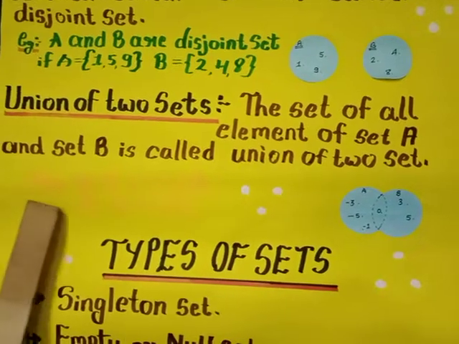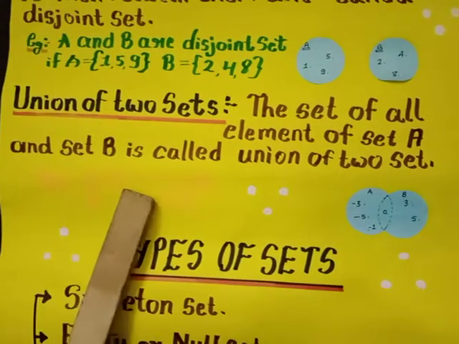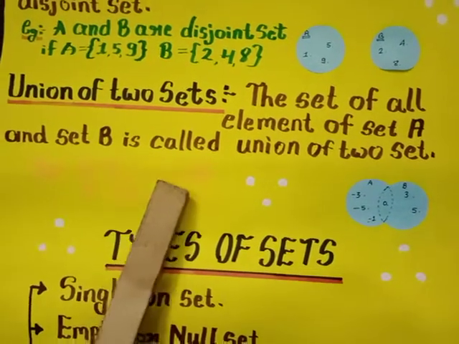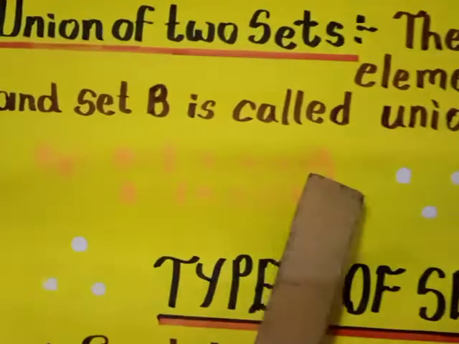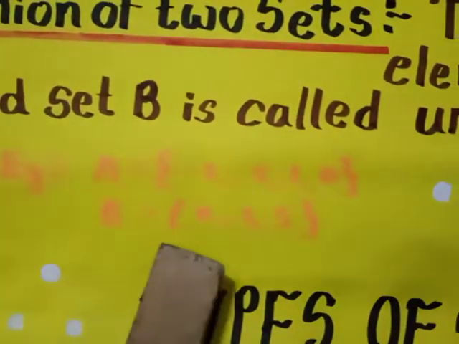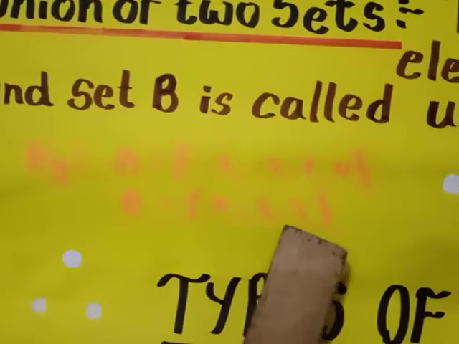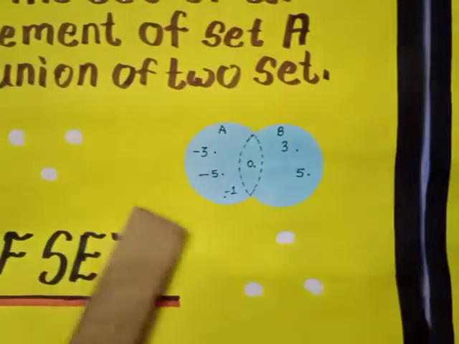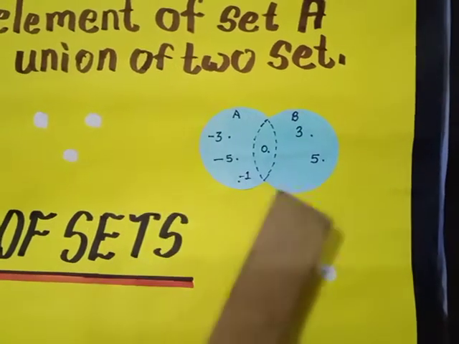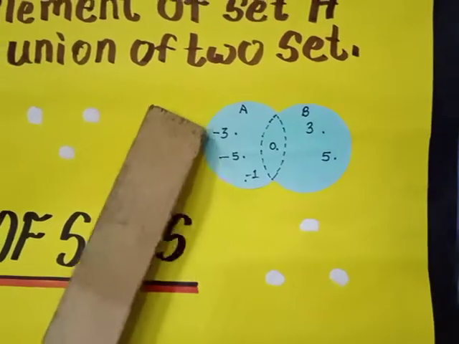For example, in set A we have -3, -5, -1, 0, and in set B we have 0, 3, 5. By the Venn diagram we can see set A is given in blue, set B also in blue.